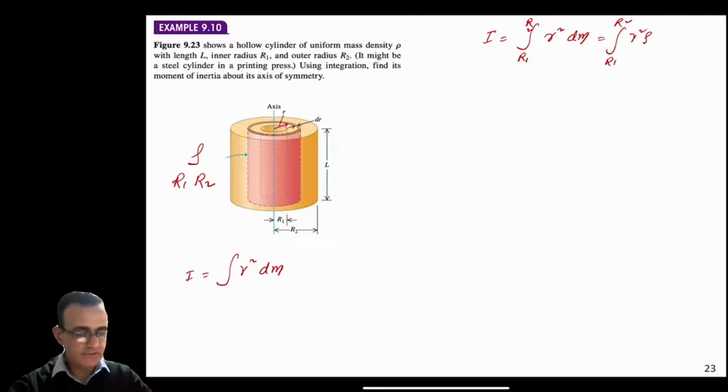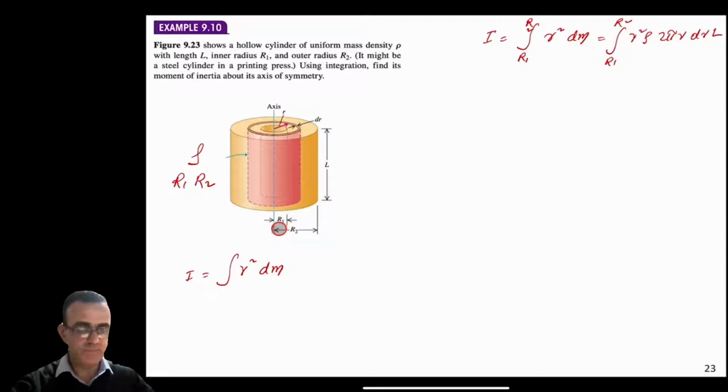Density is rho, and the volume here is 2 pi r, which is the circumference, into dr, and this is just a circular ring, and then we will multiply with L to get the full volume of this cylinder.